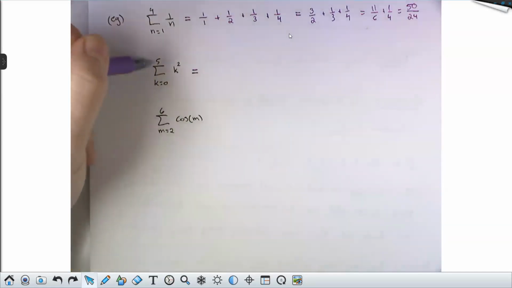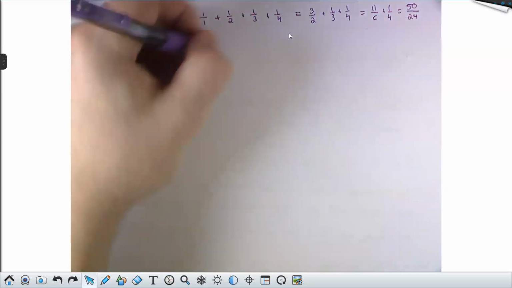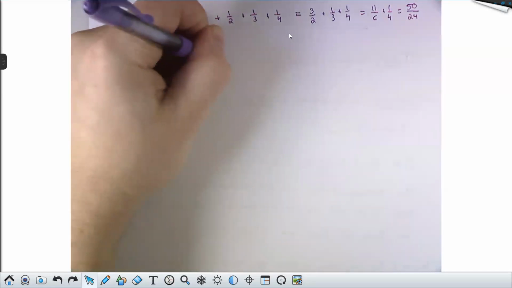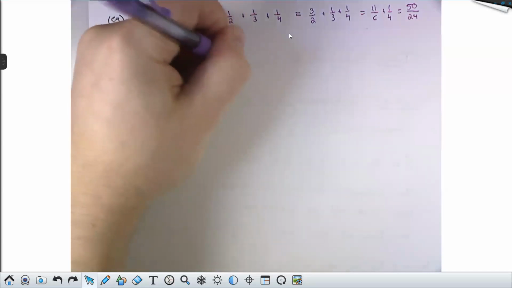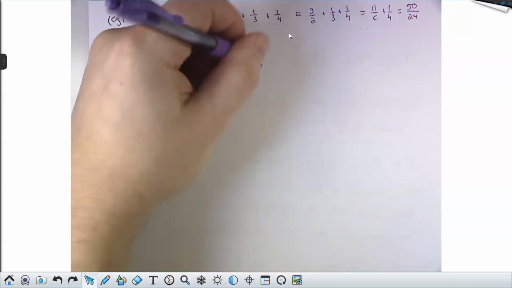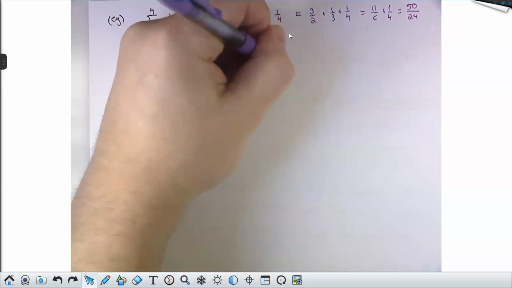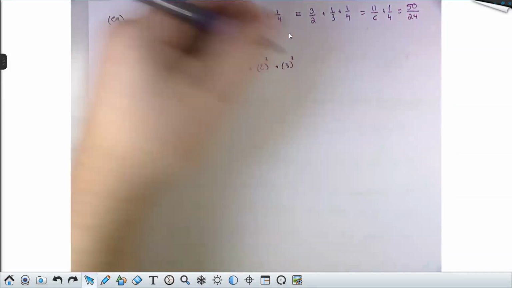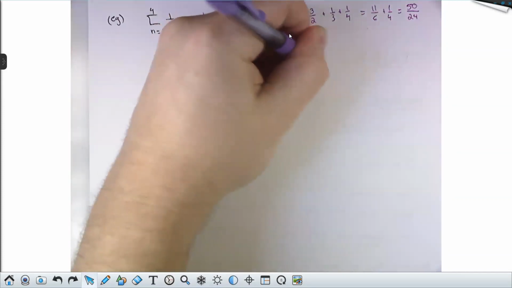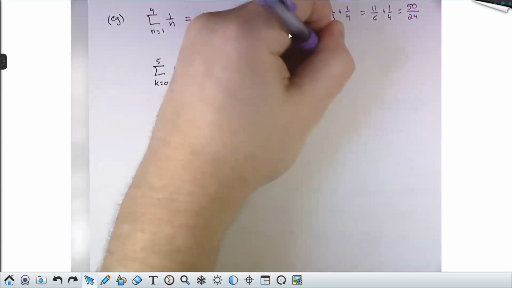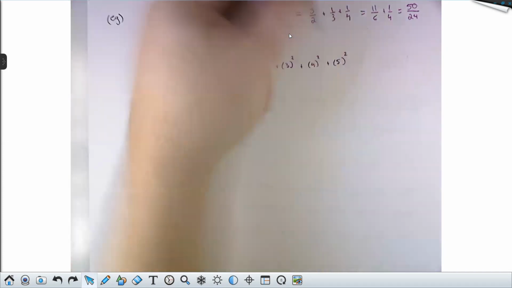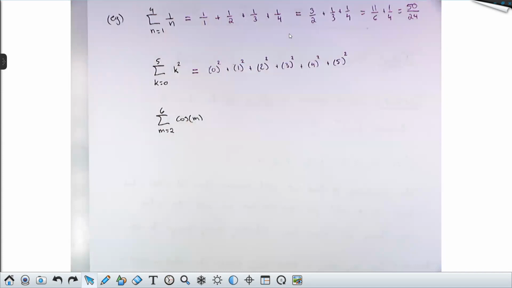Sigma k from 0 to 5 of k squared would be 0 squared plus 1 squared plus 2 squared plus 3 squared plus 4 squared plus 5 squared. I'm not even going to bother finding the sum here. I just want to make sure we're comfortable with what the operator is saying. All right, that would be 0 plus 1 plus 4 plus 9 plus 16 plus 25.